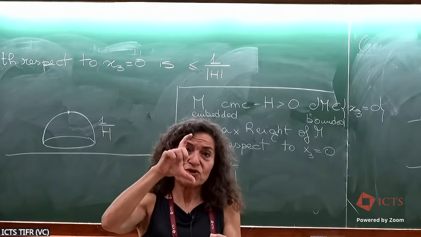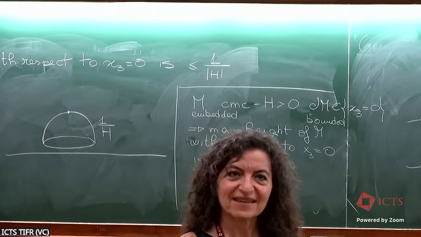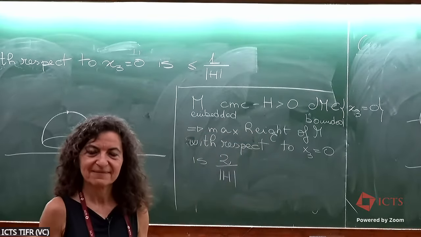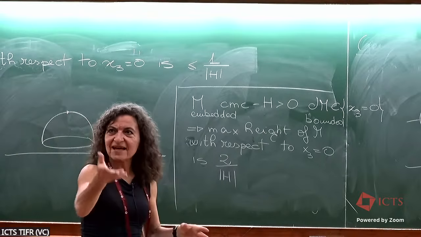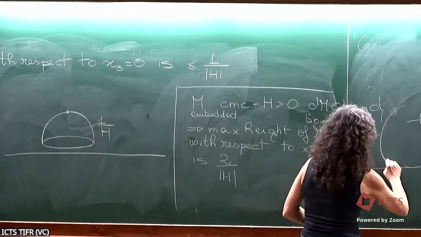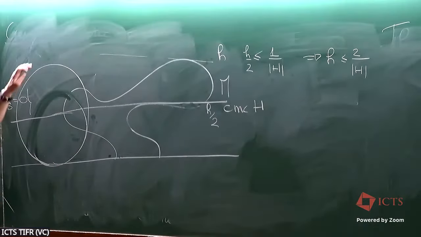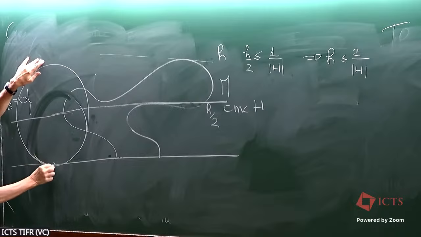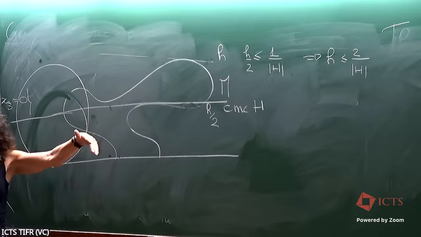But it's 2 over H. That's what I mean, it's sharp. Yeah, right. It's a degenerate case, but he's right. He's telling that if you put a big sphere, the sphere shows you that this is sharp again. And it's very natural that this is sharp because you are cutting by 2.